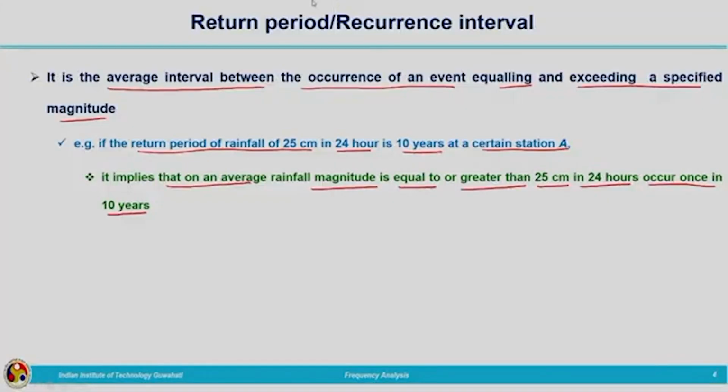That is, on an average, a rainfall of a certain magnitude will be equaled or exceeded within 10 years, in this case 25 centimeter.